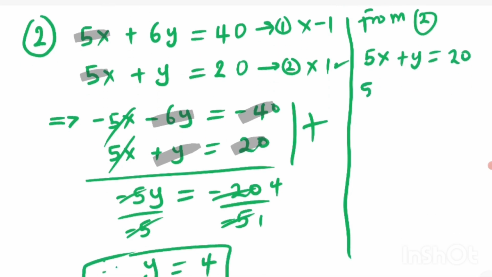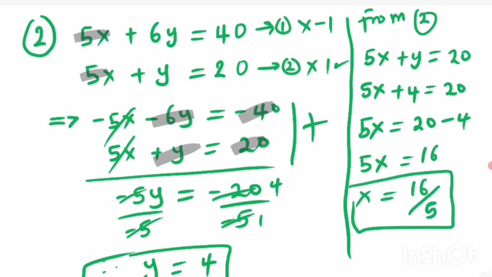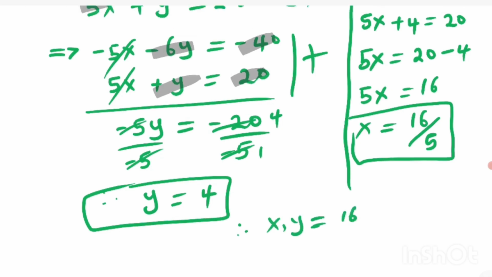Then we have 5x plus y, which is 4, is equal to 20. 5x is equal to 20 minus 4. 5x is equal to 16. x is equal to 16 over 5. Therefore, our final answer is (x, y) is equal to (16 over 5, 4).